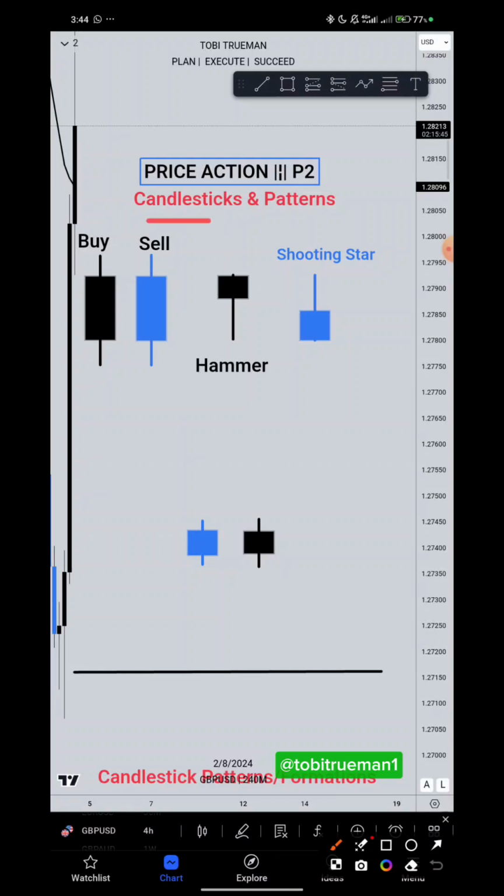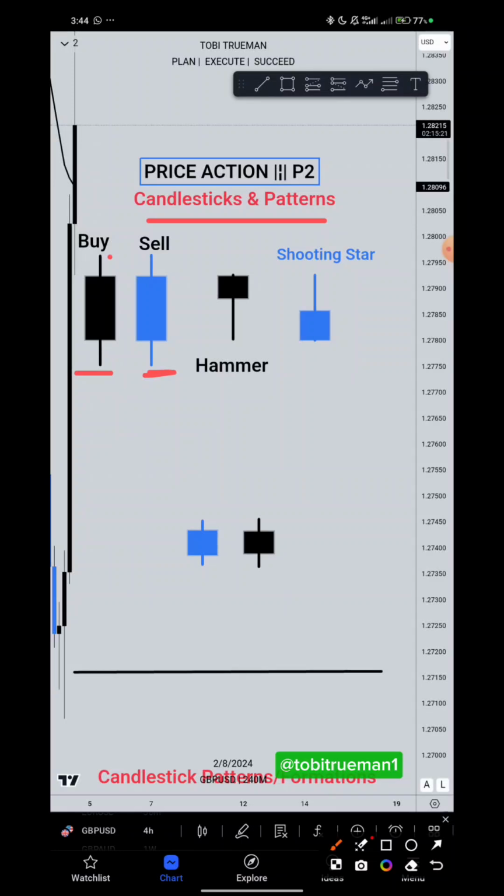Now, candlesticks and patterns. The major way that price moves in the market is through buying and selling, and the buying and selling can be represented using candlesticks. The first one, represented by black, is my buy candlestick. The second one, represented by the blue color, is the sell candlestick.